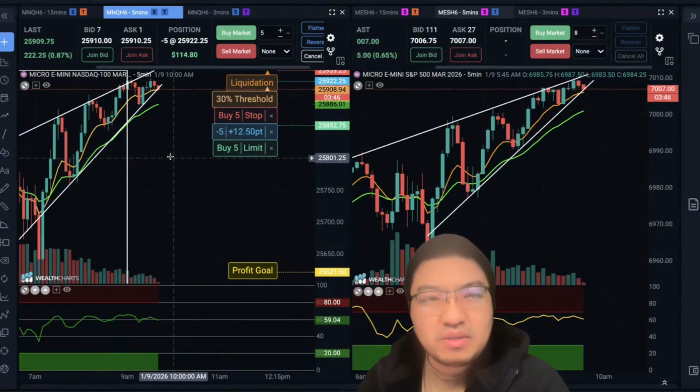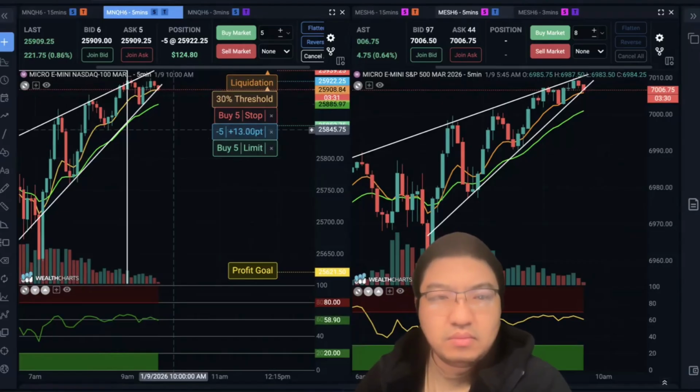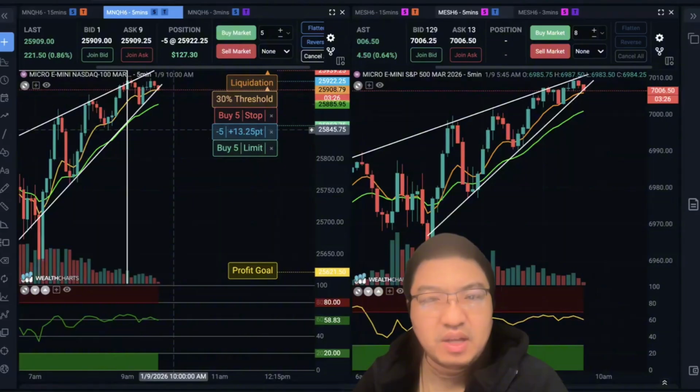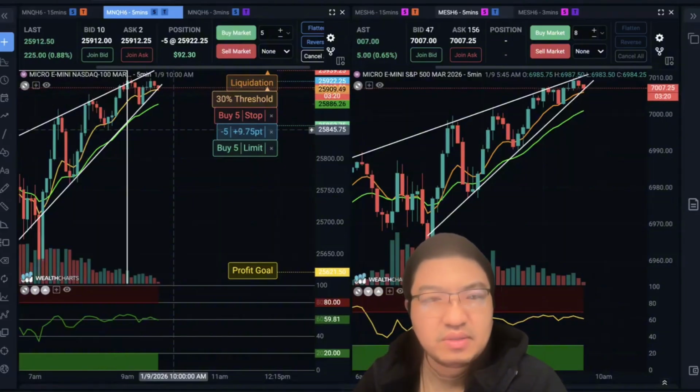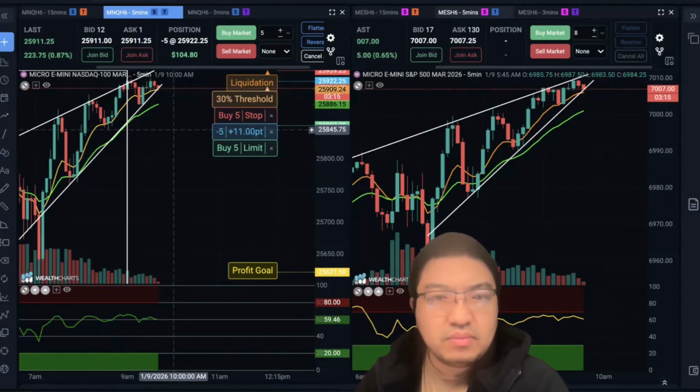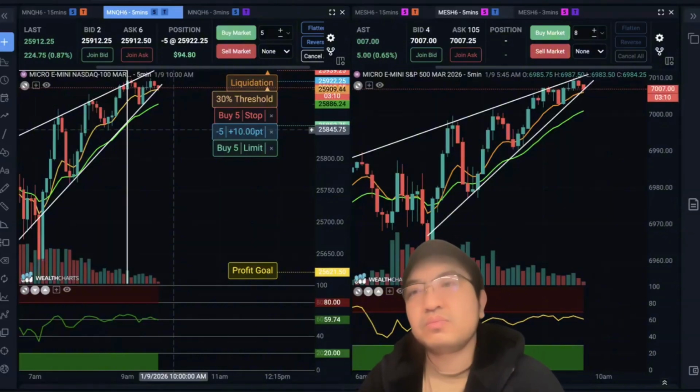12 points. That's good. 20 points. That was 200. See if the EMA line performs some defense. If it does, then it's still an uptrend, and then my trade is going to be in danger. 4 more minutes.